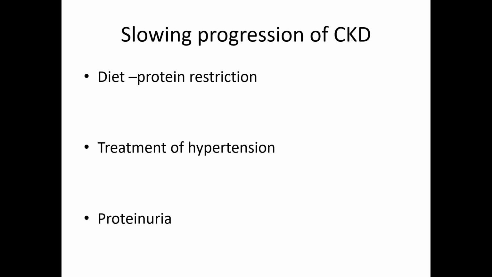Those patients whose serum proteins are normal, albumin is normal, and there is no sign of muscle loss, in these patients we can restrict the protein to the level of 0.6 gram per kg body weight over time, or we give a very low protein diet, that is 0.3 gram per kg body weight.